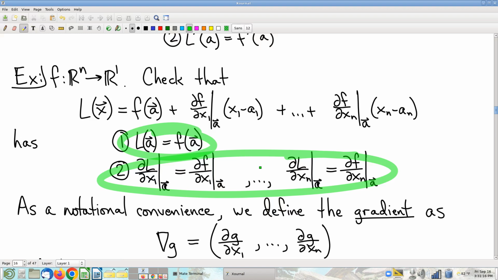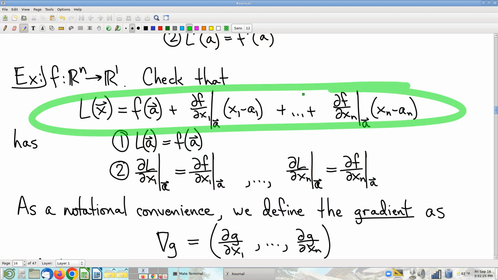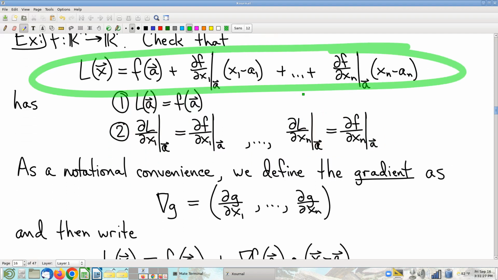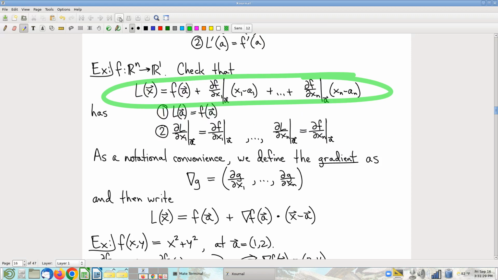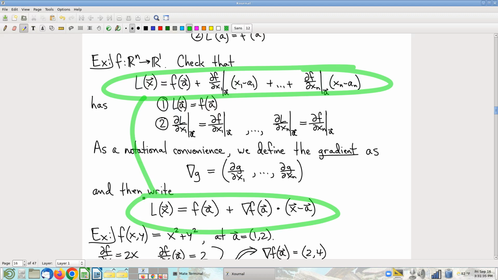But nevertheless, this is a multivariable ripoff of what we did for linear approximations in single variable, and this is the function that works. As we discussed last time, we can rewrite it like this using this notation here to represent the gradient vector. Again, all discussed last time.